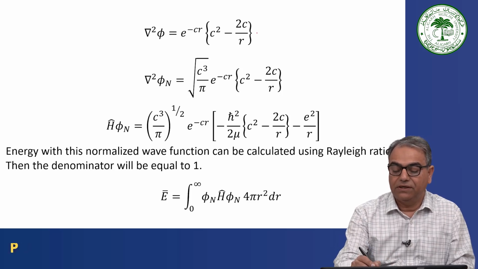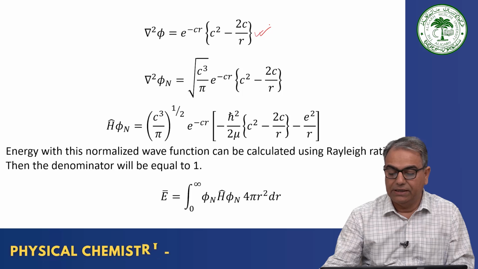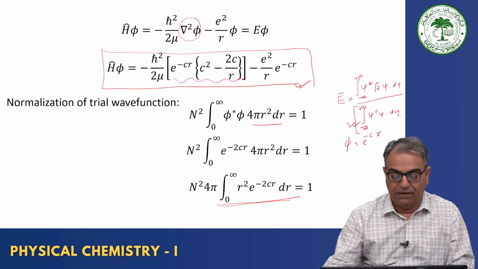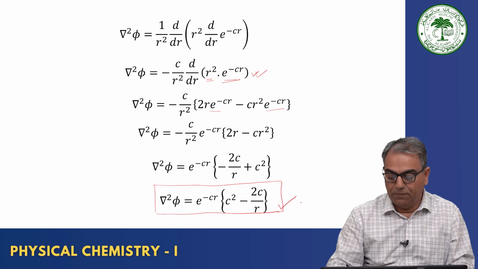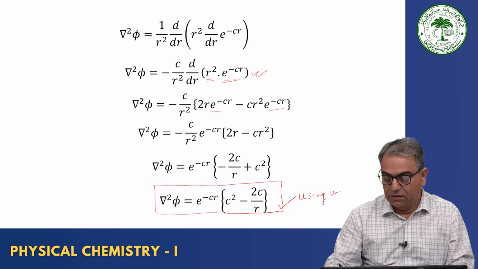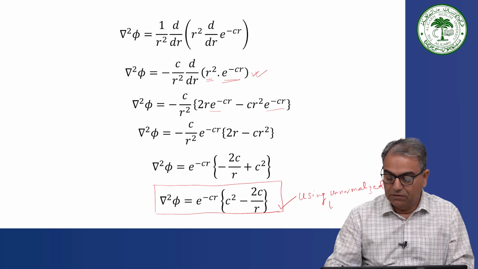With the unnormalized function, del square phi we calculated earlier. You see, I will show you by going to this one. This was obtained by using the unnormalized trial function.